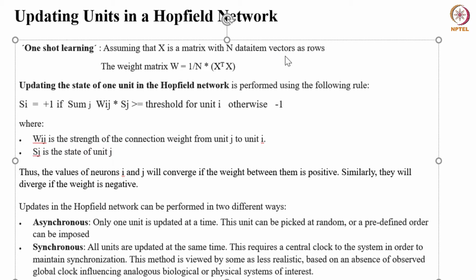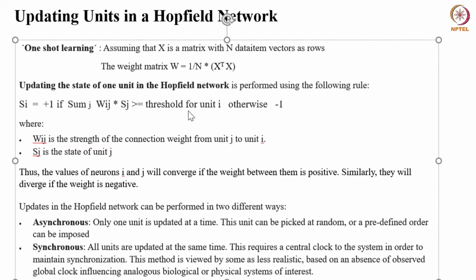And having decided that, we will construct a matrix X with these data item vectors as rows. Then the weight matrix will be the transpose of that matrix multiplied by the matrix itself divided by n. So we can say it's the normalized value of this matrix multiplication. Okay, so that's the storage part.